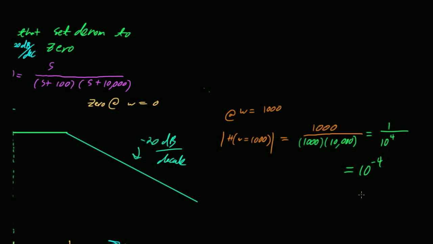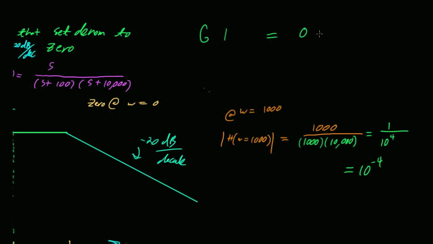How many dBs is that? Remember, every time you multiply by 10, that adds 20 decibels. So a gain of 1 is 0 dB. A gain of 0.1 is? Let's go step by step. A gain of 1 gives you 0 dB.